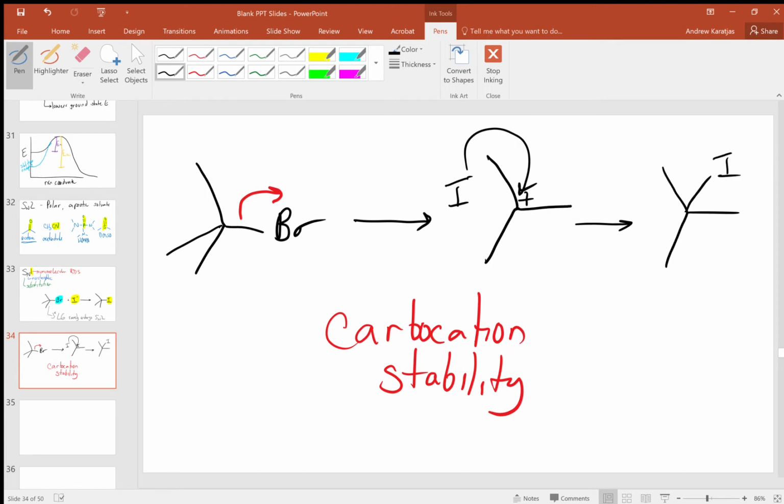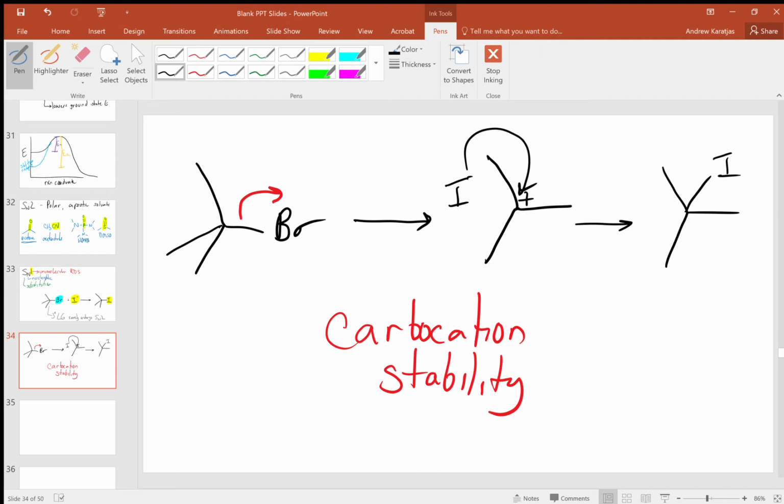So the net result for an SN1 reaction looks very, very similar to what happens in an SN2 reaction. But the mechanism is very different. Now, which step here is the rate determining step, and how does that help to explain the fact that this reaction is unimolecular?